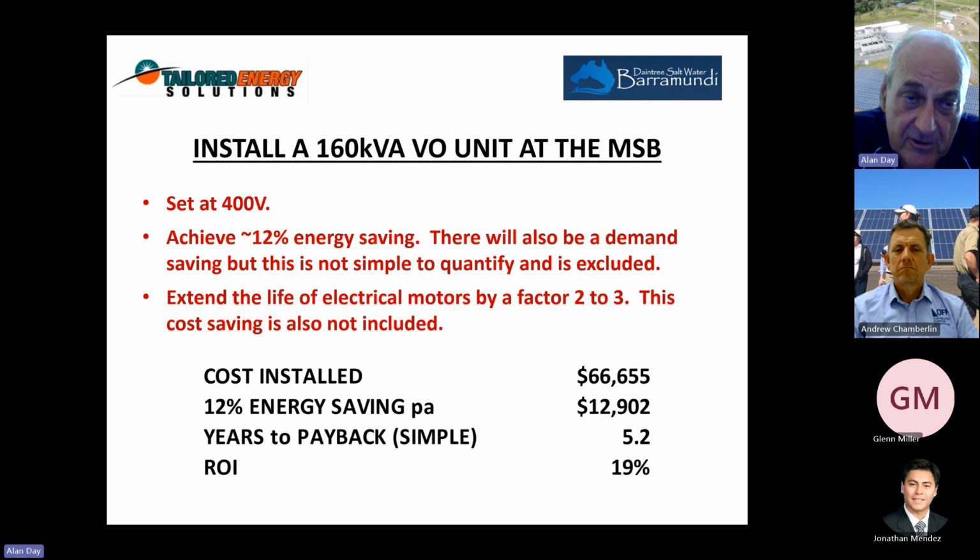So even if you set that at 400 volts and manage a 12% saving, you can see that the payback's 5.2 years, which, you know, people tune into, I find, the payback period quite well. So that's actually quite a reasonable kind of outcome.